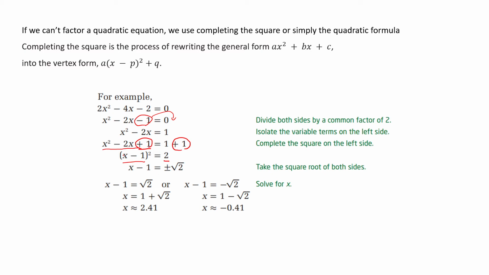Then we can square root on both sides, so it becomes x minus 1 equal to positive or negative square root of 2, right? So now we have x minus 1 equal to square root of 2 or negative square root of 2. So we move 1 to the other side, we get x equal to 1 plus root 2 or 1 minus root 2, two solutions.